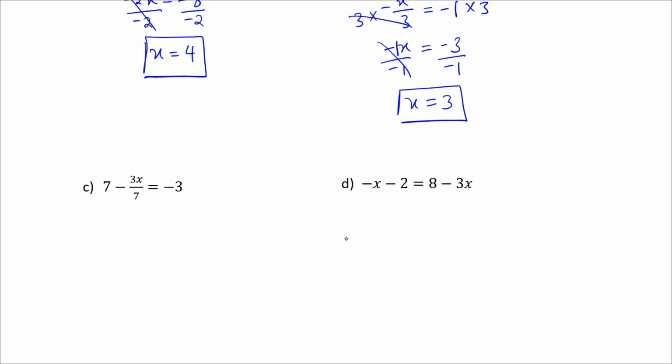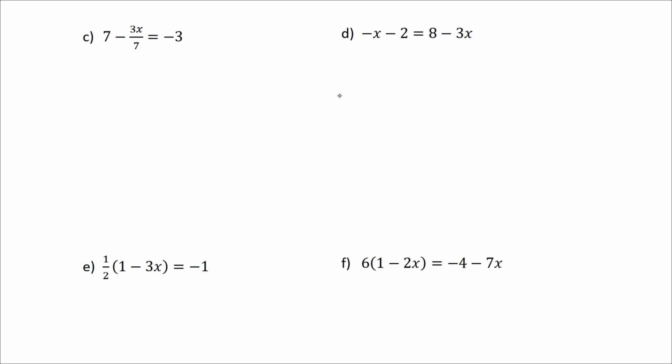All right, so let's apply the same approach in C and D. Again, in C, subtract 7 on both sides. 7 minus 7 is 0, so we'll be left with negative 3x over 7 equal to minus 3 minus 7, that will be minus 10. The opposite of dividing by 7 is multiplying by 7.